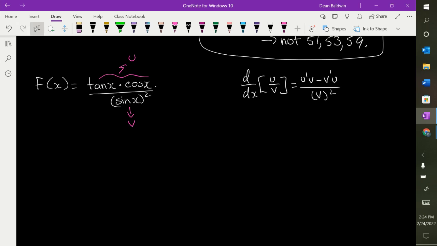So then I just go off to the side and I go, okay, if u is equal to tan of x cos of x, then u primed, just do it on its own.